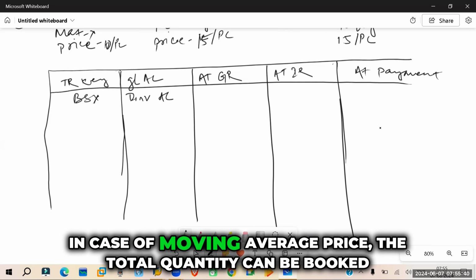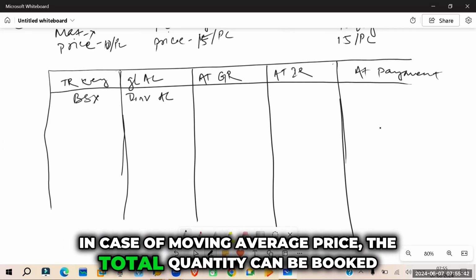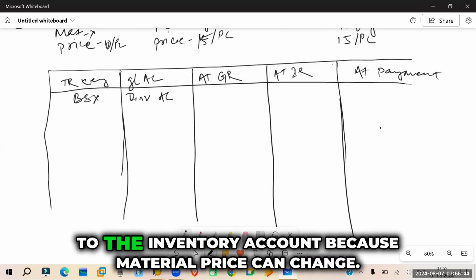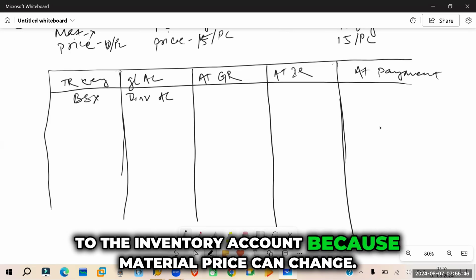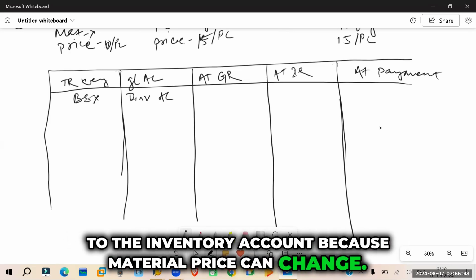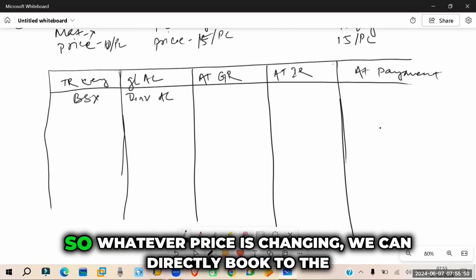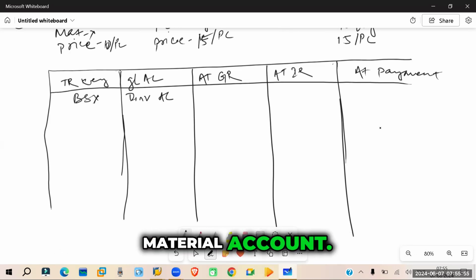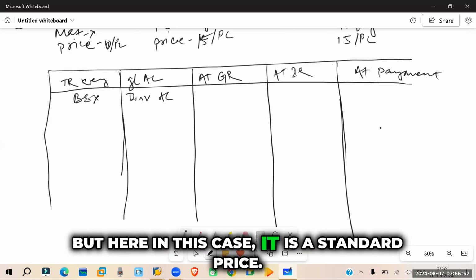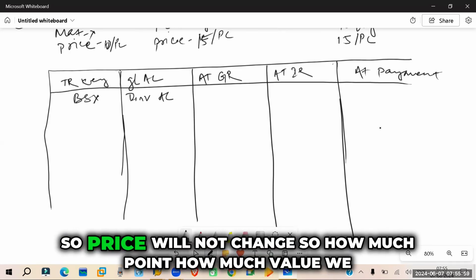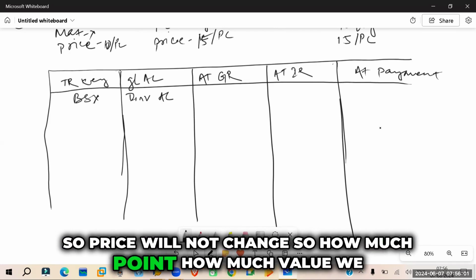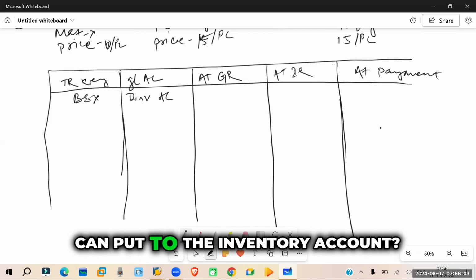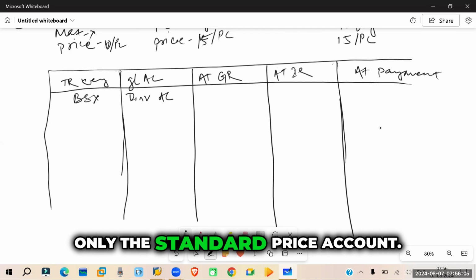In case of moving average price, the total amount can be booked to the inventory account, because material price can change, we are ready for it. So whatever price is changing, we can directly book to the material account. But in this case, it is a standard price, so price will not change. So how much value can we put to the inventory account? Only the standard price amount.